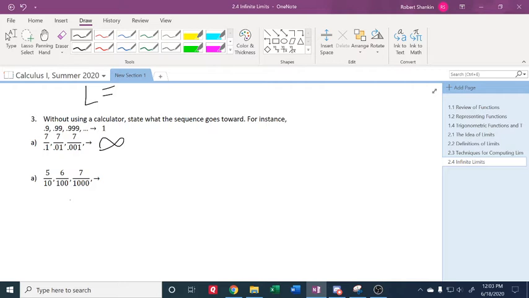So in decimal form, this would be something like 0.5, 0.06, 0.007. And what's happening is that when the denominator is getting larger a lot faster than the numerator, it sends the whole thing to 0.